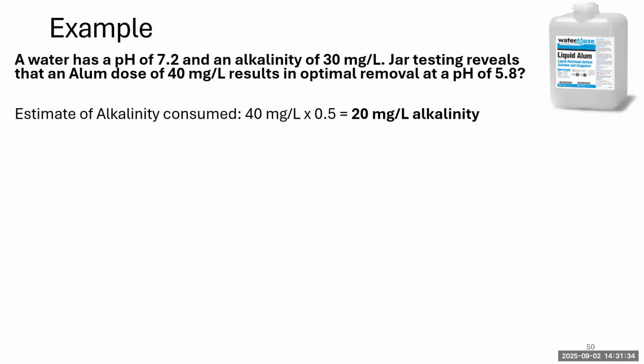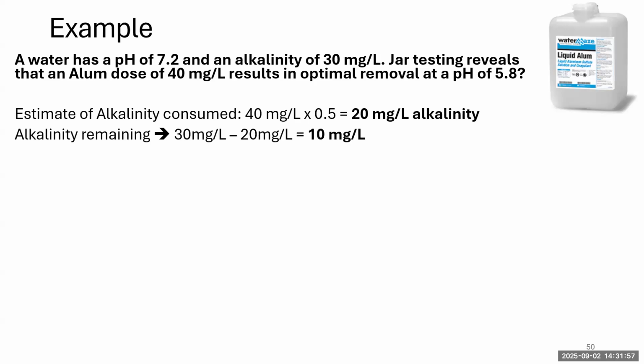So what would we do? First of all, we could estimate how much alkalinity is going to be used. The rule of thumb is that for every milligram per liter of alum, it uses about 0.5 milligram per liter of alkalinity. So we could take 40 milligrams per liter, our dose, times 0.5, and estimate that we'd use about 20 milligrams per liter of alkalinity.